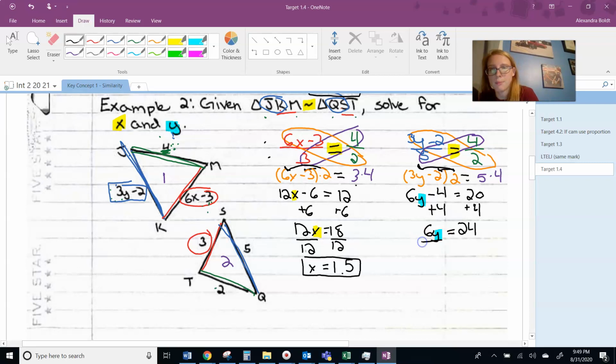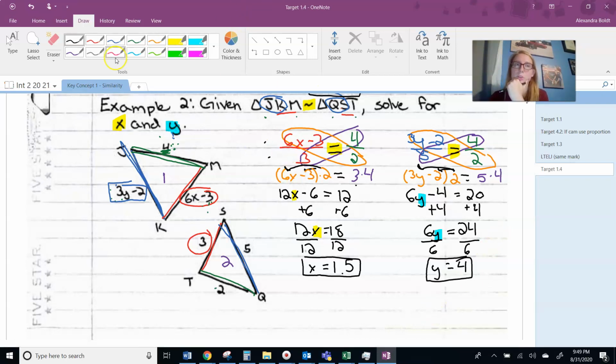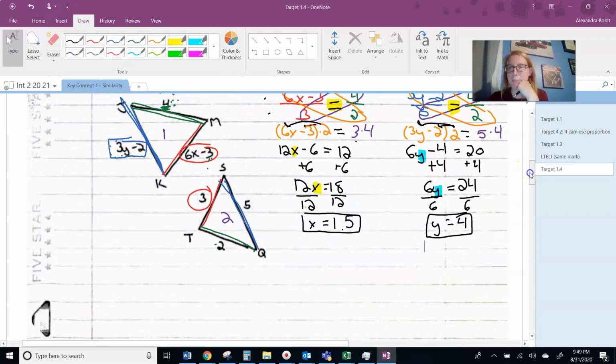We're going to divide by 6. So y equals, well, 24 divided by 6 is 4. And that's it for example 2. Let's look at our next example.